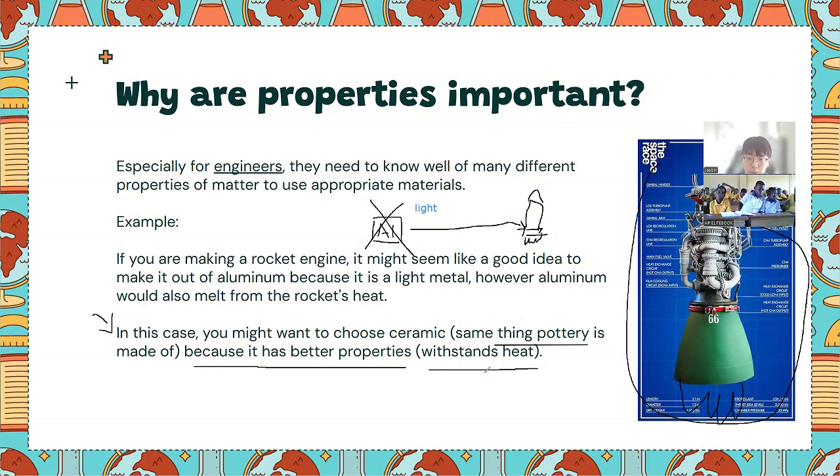Is it maybe dense? Does it conduct heat? Does it conduct electricity? Engineers especially need to know these differences in order to make their new product. So you can see the importance of properties of matter. You need to know how to test them and how to tell the difference between matter.